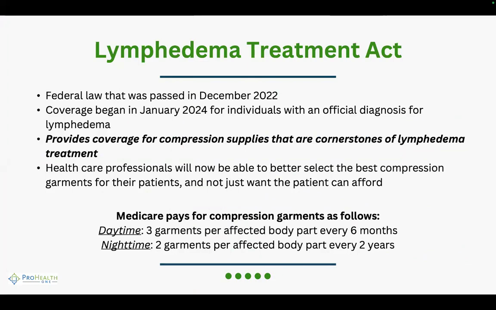This began in January 2004, and Medicare will pay for compression garments for daytime and nighttime treatment for lymphedema: up to 3 garments for the affected body part every 6 months for daytime, and up to 2 at night every 2 years. It's an important thing to know that you now get more coverage with compression treatments for lymphedema, so you can feel more comfortable prescribing this for patients.